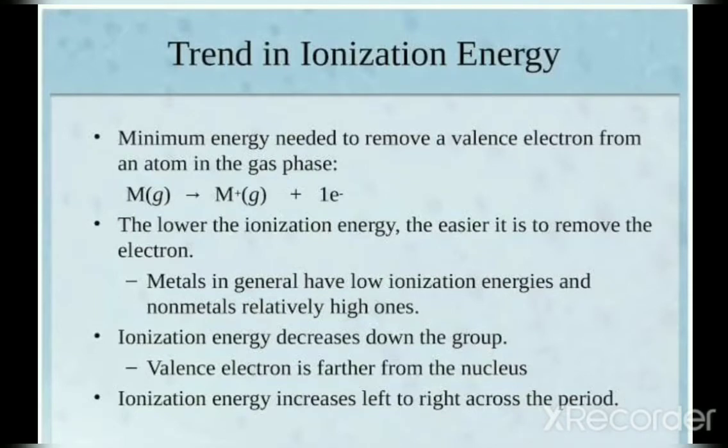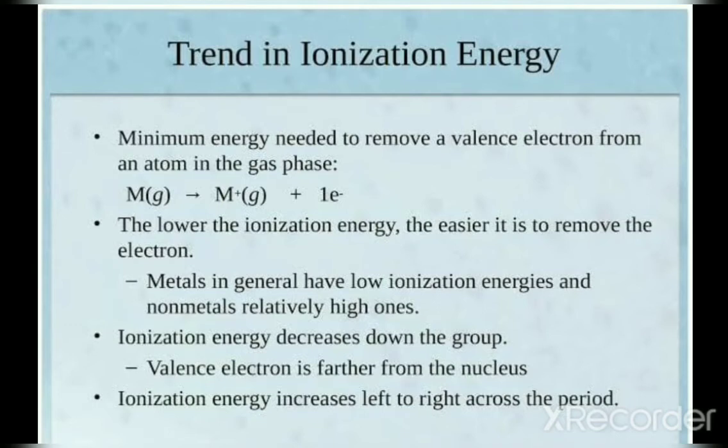How does the ionization enthalpy vary across a period and down the group? The lower the ionization energy, the easier it is to remove the electron. It means that if the ionization enthalpy is lower, a lesser amount of energy will be required to remove such an electron.